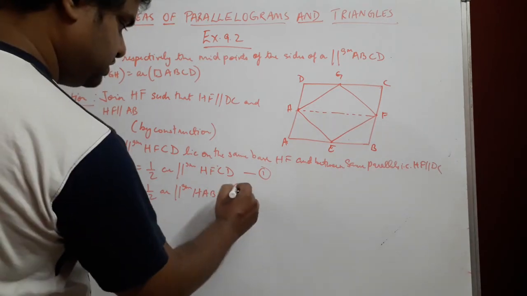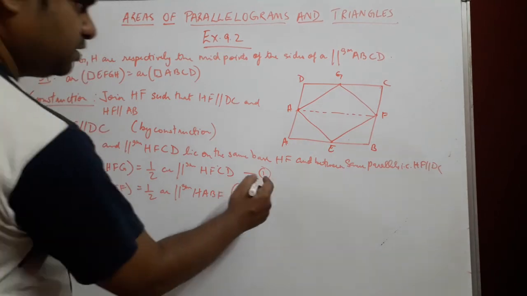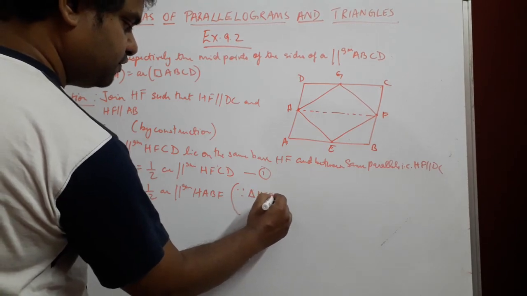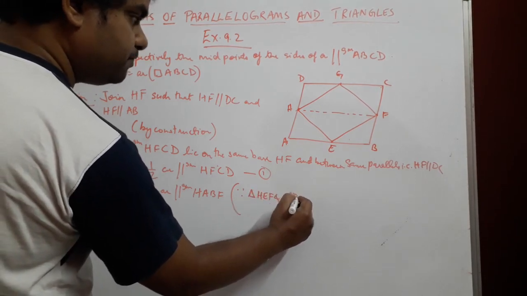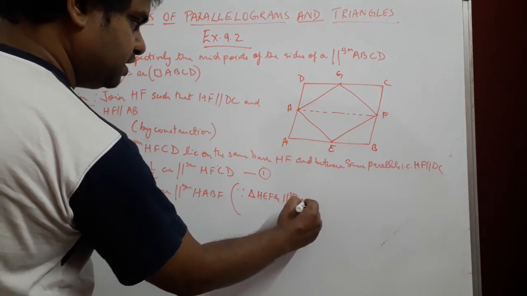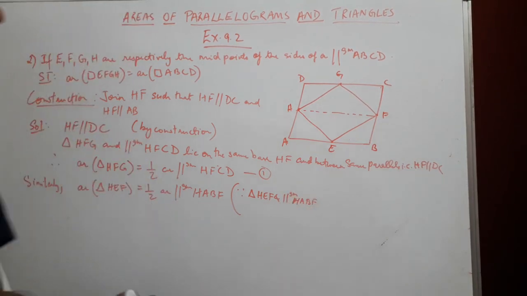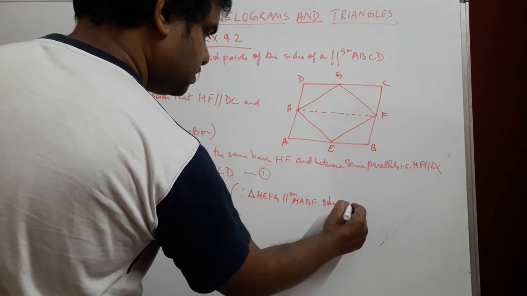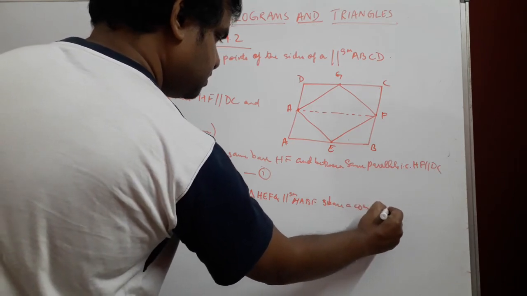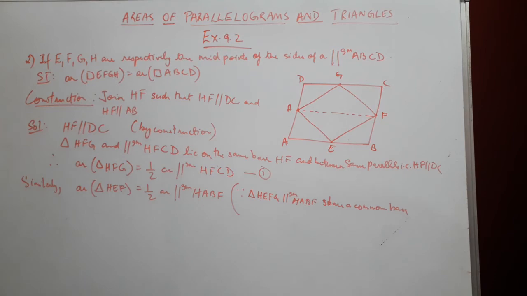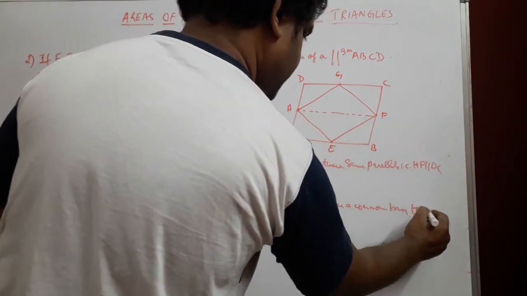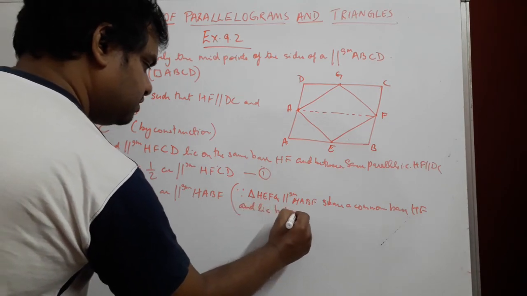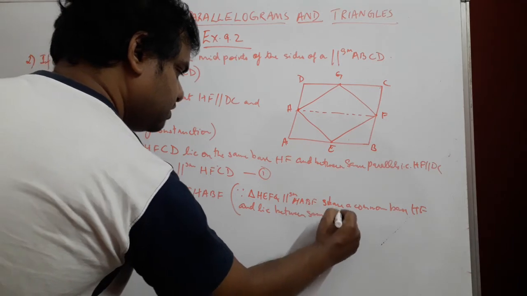Because triangle HEF and parallelogram HABF share a common base, and that base is HF, and lie between the same parallels.